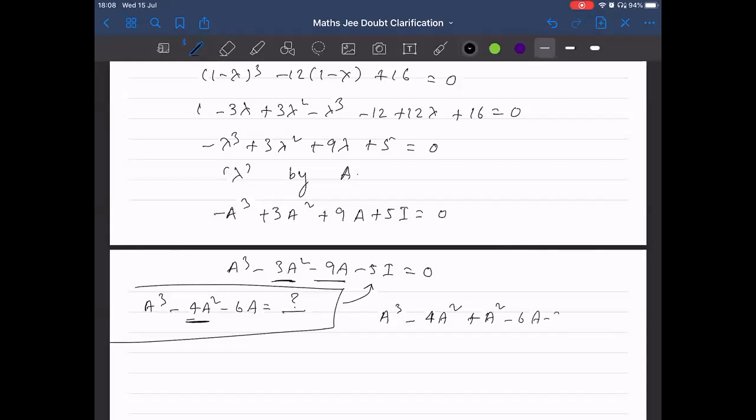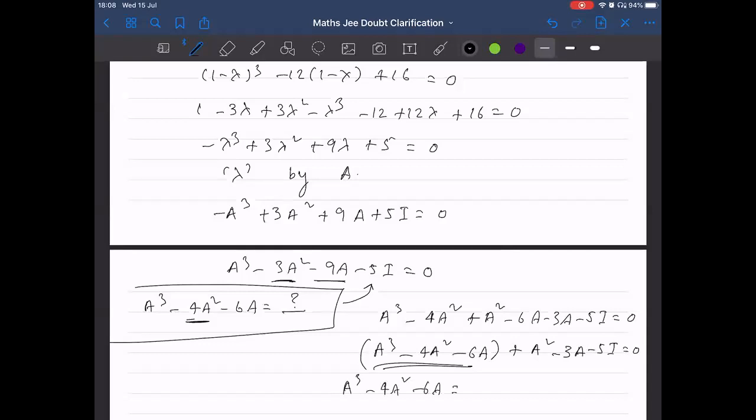We can write it as A cube minus 4A square minus 6A, and plus A square minus 3A minus 5I, makes it equal to 0. So if you want to find this value, you just have to find this value and send this to the other side. So A square minus 3A minus 5I.